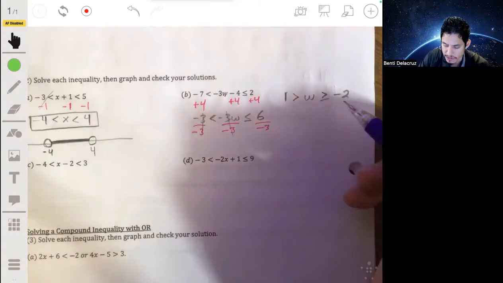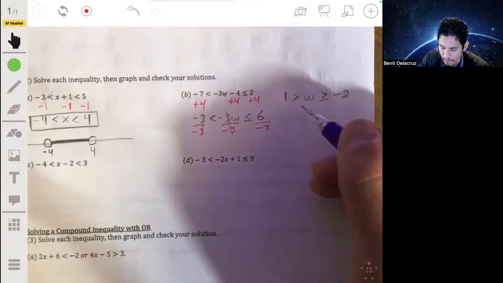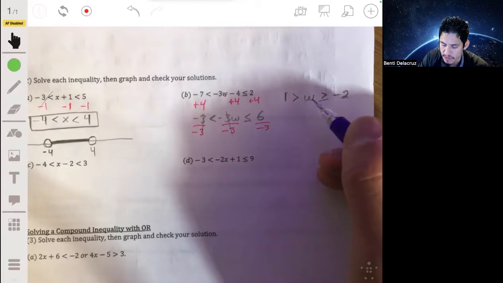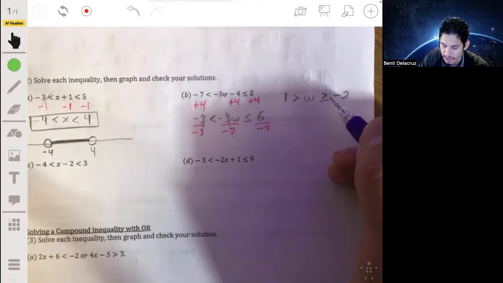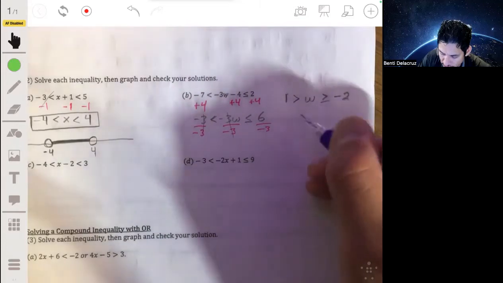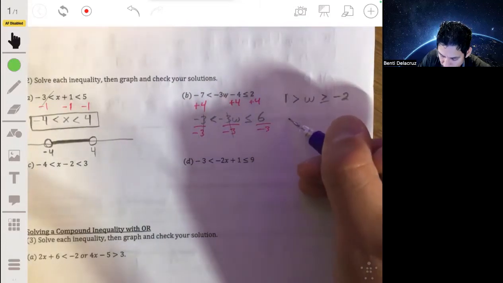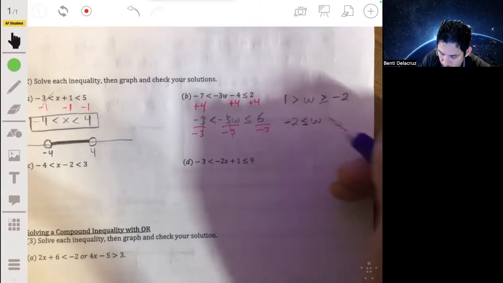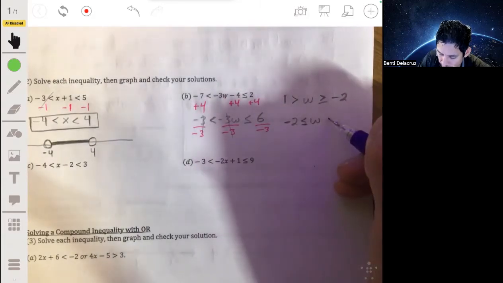And then this will be our answer. Now, it says W is more than or equal to -2 and less than 1. Now, this is essentially the same as -2 being less than or equal to W and W being less than 1.